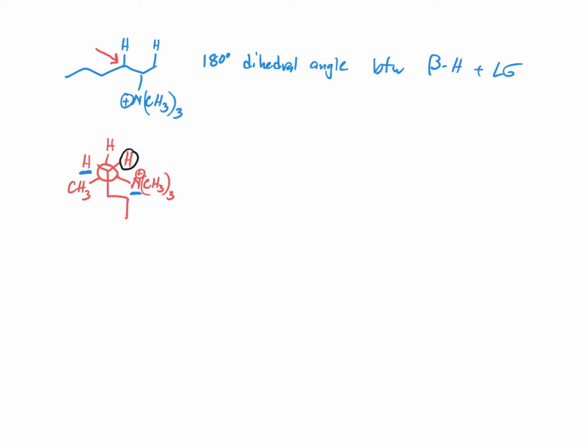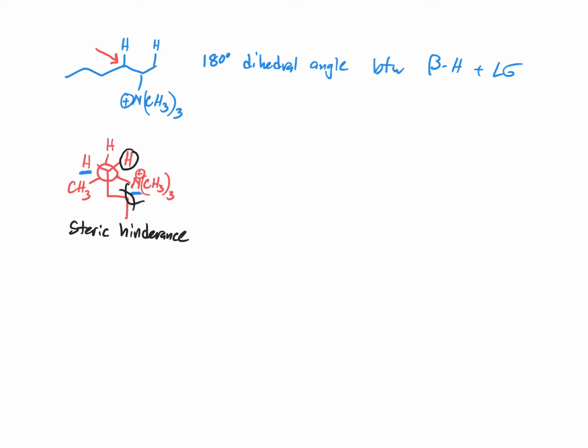I just have to rotate the back carbon. But the issue here is the 3-carbon chain on the front carbon and the large t-butyl group are gauche to each other. There's no way to avoid that in order to get 180 degrees from the leaving group. So we have this steric hindrance in this orientation because of the large bulky ammonium cation.